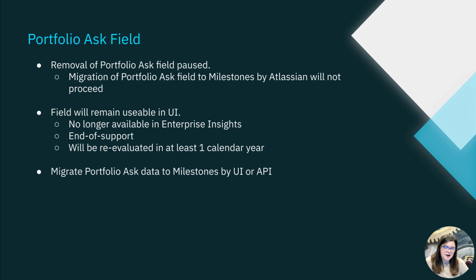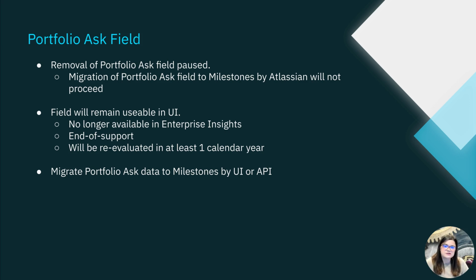If you choose to go this route and you want to make sure that you capture that data in the portfolio ask field, you can move it to the milestones yourself. You could do this manually through the UI. I recommend this if you have a really low amount of data, really sporadic across the instance, not a consistent use of the field. Or Atlassian has included instructions on how to create these milestones through the API, best for large amounts of data and really consistent use across your ecosystem.